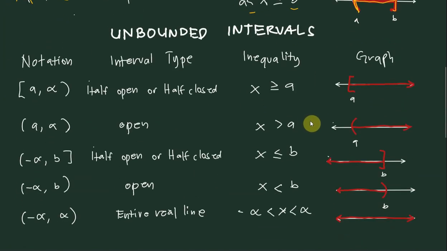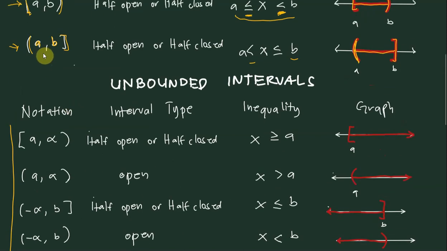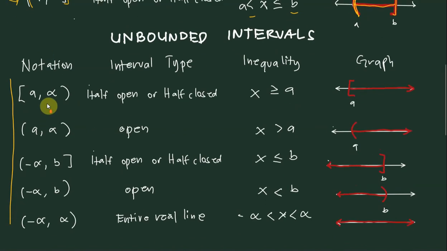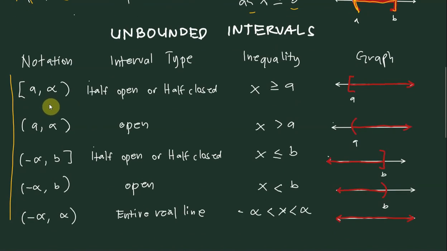Okay, so now let's proceed to unbounded intervals. If you take a look at the first column, you can see the infinity symbols. This is the main difference between unbounded and bounded: in bounded intervals the ends are real numbers, but here it continues all the way to infinity.